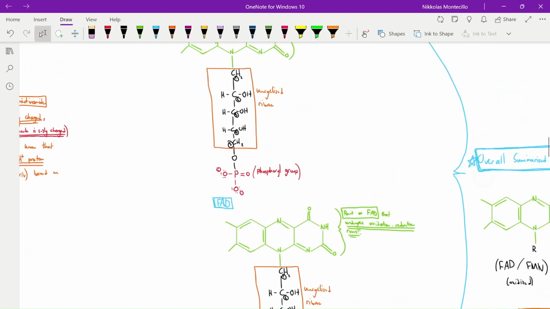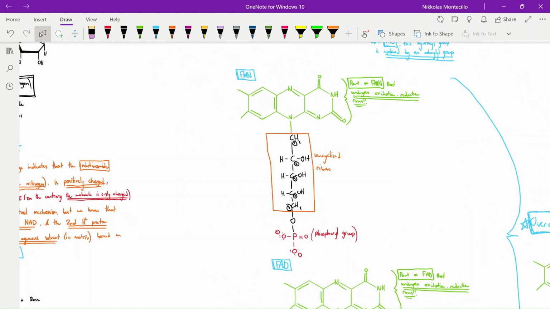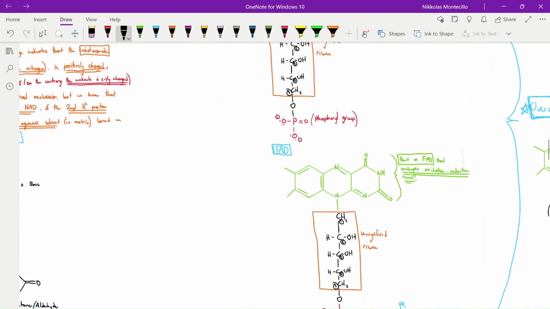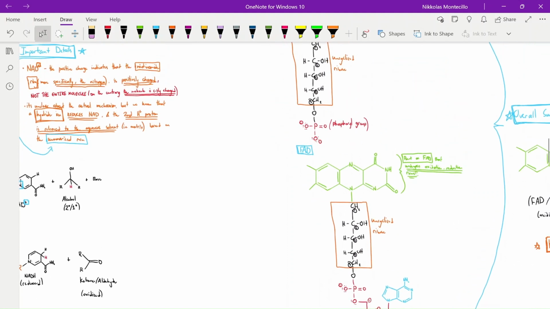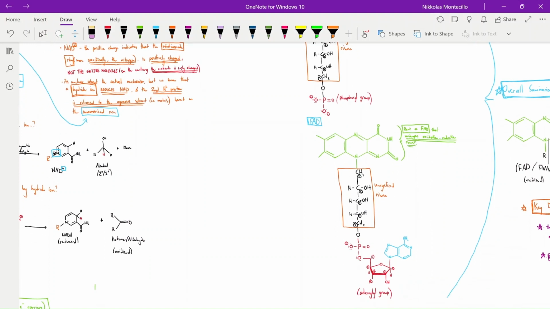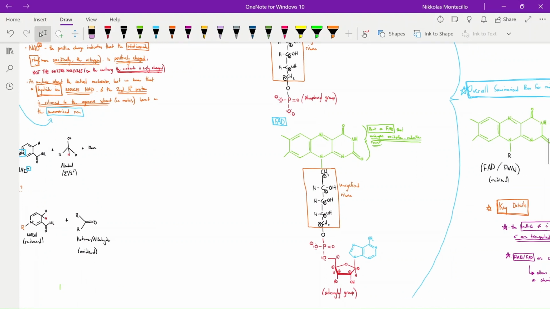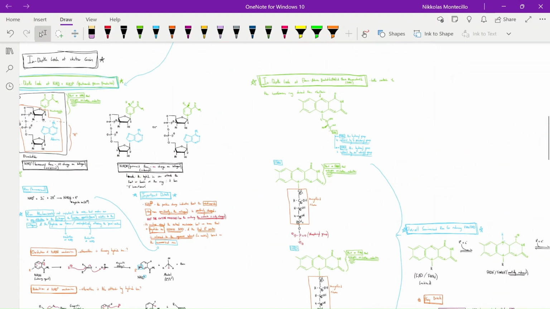Another interesting detail I found was that this long hydrocarbon chain is actually just an uncyclized ribose. So here's the difference between flavin mononucleotide and flavin adenine dinucleotide: FMN contains a phosphoryl group, and FAD contains the adenylyl group, hence the reason why it's called flavin adenine dinucleotide.